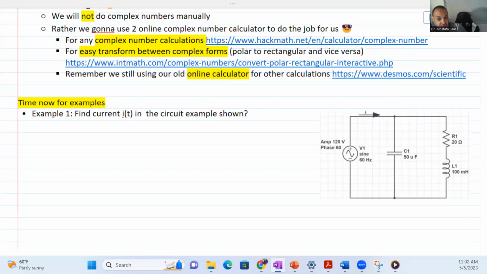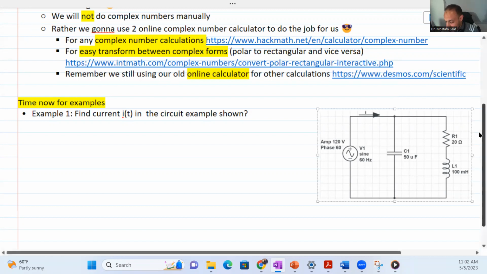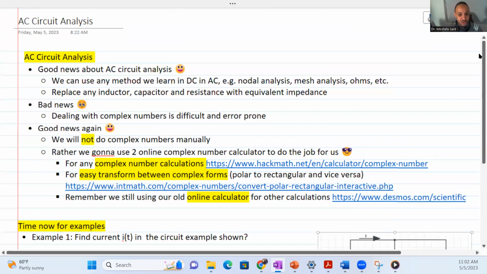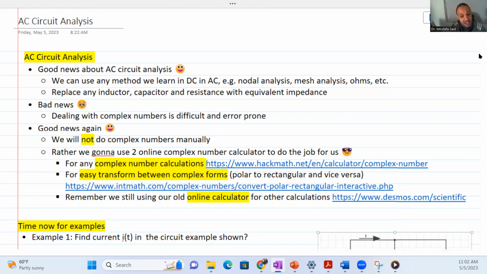So we started last time with our introduction about AC circuits. We studied what an AC circuit is. We said the current and the voltage are changing, alternating with time. We also studied new elements, the inductors and the capacitors, and we said they have impedance and how this impedance affects the current, the voltage, and the phase difference between them.